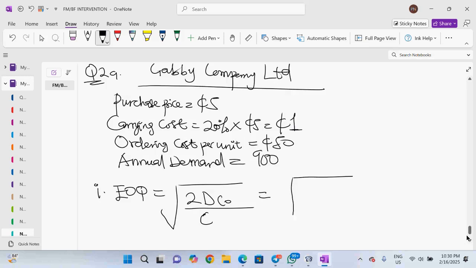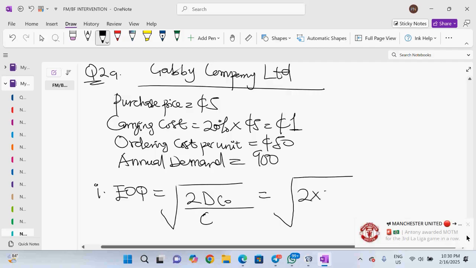So that is 2 times annual demand, 900, times the ordering cost, 50, all over 1 cedi. So what do you have? 300 units.